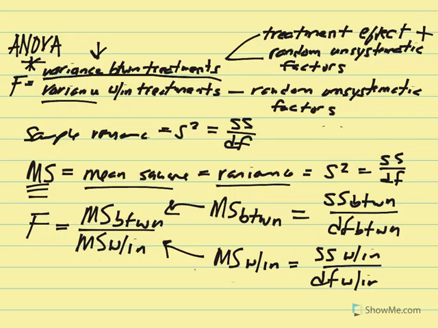The entire process of ANOVA, analysis of variance, requires 9 separate calculations. 3 values for SS, 3 values for DF, 2 variances between and within, and a final F ratio.